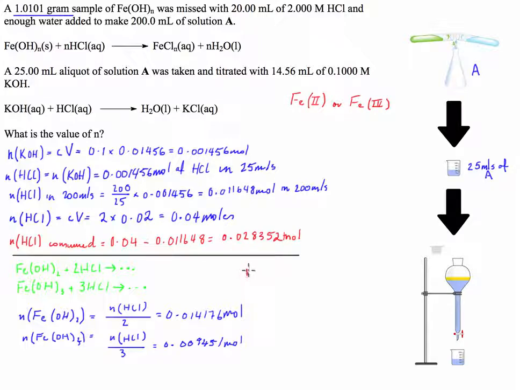The mass, if we had Fe(OH)2, would be equal to the mass of iron hydroxide, which is iron 55.85, plus 16 times 2, plus 1.008 times 2.